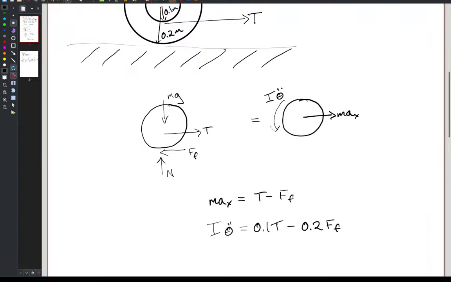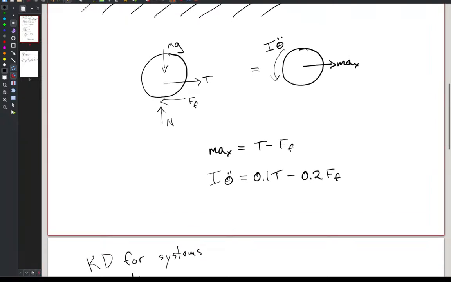So that's some kind of mr squared over 2, or some factor of r squared times mr squared somehow. What do we do now though? We don't know T, we don't know theta double dot, and we don't know F. Well, maybe we know T. Let's say we know T. We're pulling on it with 10 newtons of force, right?